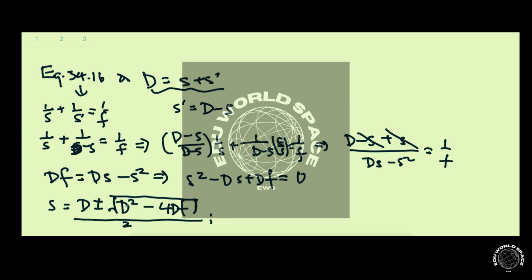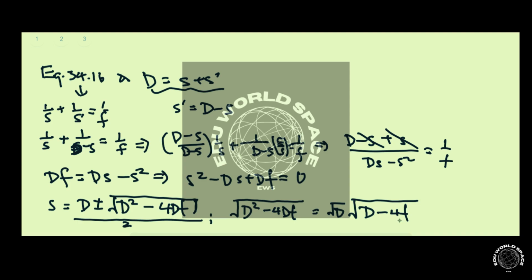And so if we look at the square root, so we have square root of d squared minus 4df, which I can rewrite as square root of d, I'm going to factor out a d, right? So that leaves me d minus 4f.